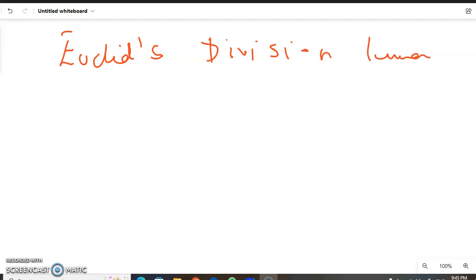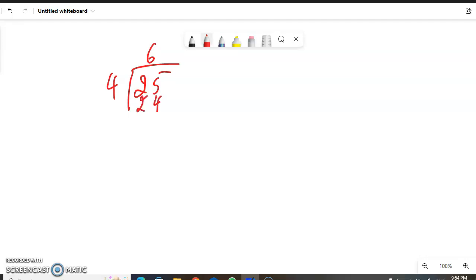Before getting into that, let me give you a very easy example. Let us take 25 divided by 4. So here what will I be getting? 4 6 24. 1 is the remainder.